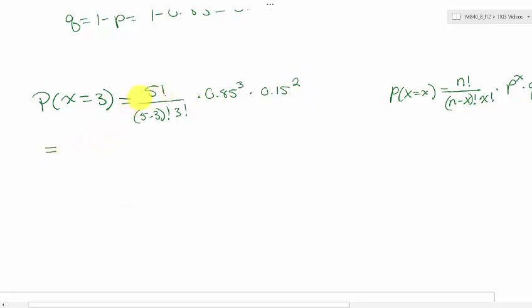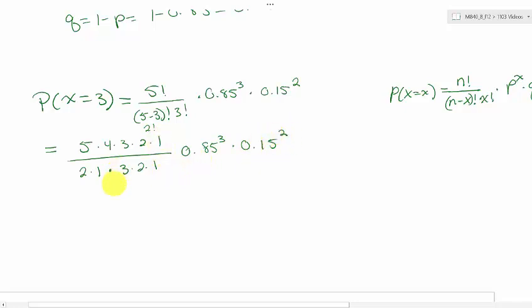When I'm doing this by hand, I would just write this out, especially since they're fairly small numbers. So 5 factorial is 5 times 4 times 3 times 2 times 1. A lot of these are going to cancel out. And then this is really 2 factorial, so that would be 2 times 1. And then times 3 factorial, which is 3 times 2 times 1. And then times 0.85 raised to the third times 0.15 squared.